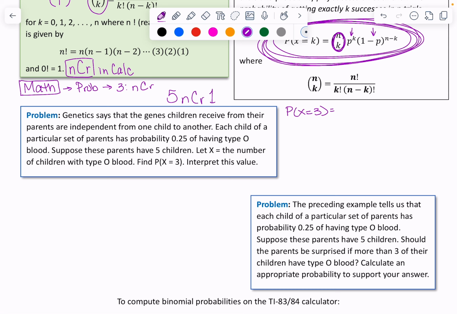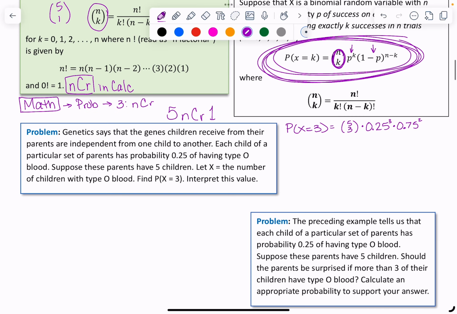So I am going to figure out how many ways there are to choose 3 kids out of 5, times the probability of type O, so there's 3 of those. And the probability of not type O: if 3 have type O, that means 2 don't. So I'm just going to plug that into my calculator.